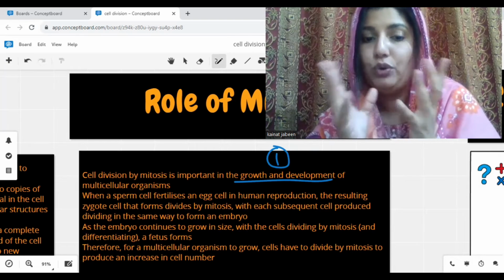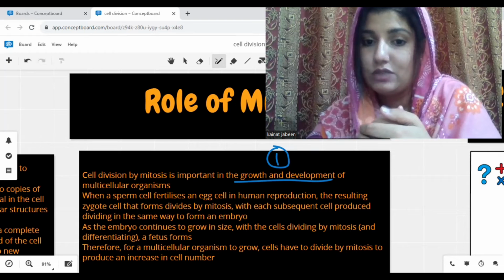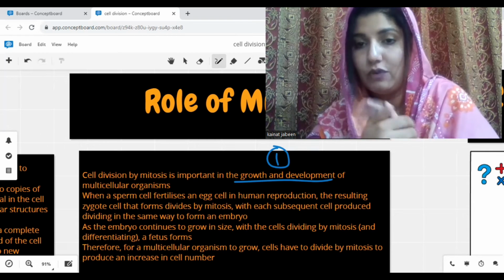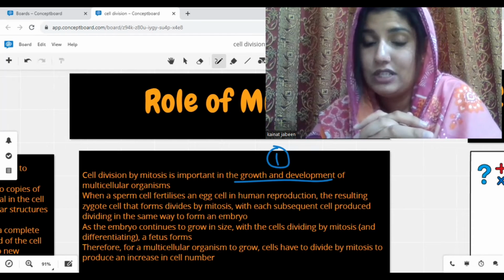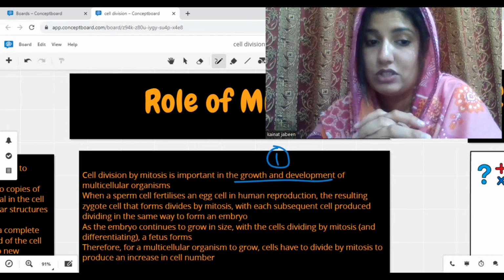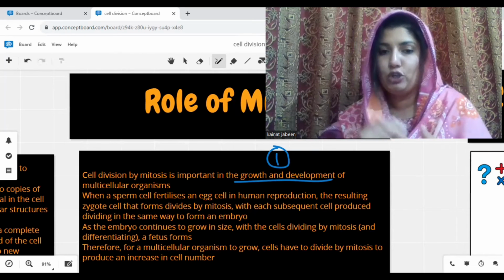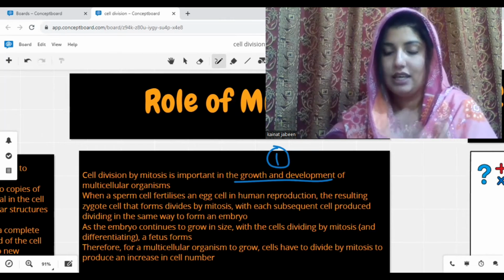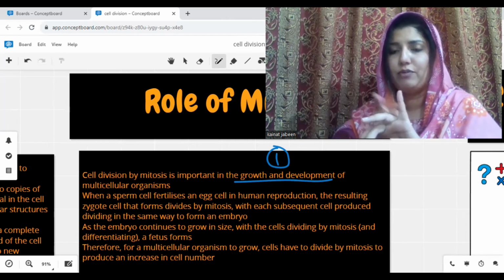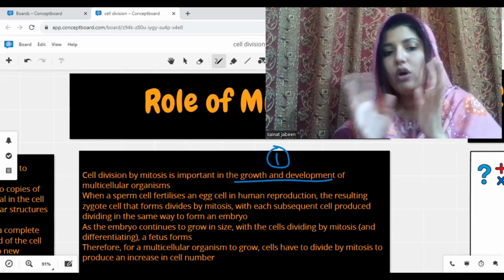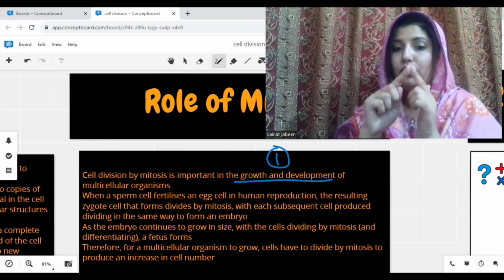Now the embryo has to grow. Again, cell division occurs, the same process, mitosis, and a fetus is formed in the womb of the mother. Therefore, for a multicellular organism to grow, cells have to divide by mitosis to produce an increase in cell number. So when we talk about human or animal cells, from fertilization to the fetus and from the fetus to a baby, all the things need the mitosis process for division, for growth and development.